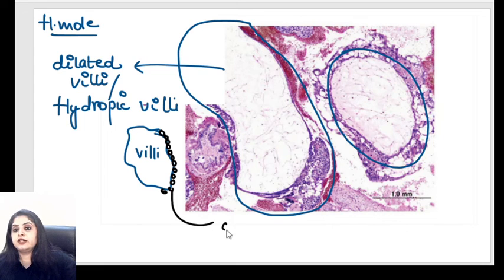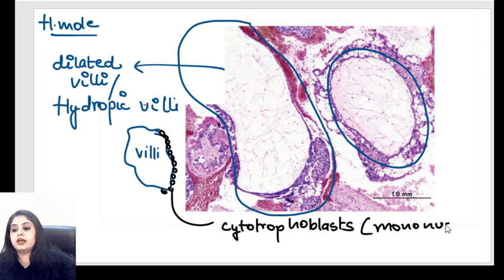These cells are known as cytotrophoblasts. Remember, cytotrophoblasts are mononuclear, with a single nucleus. Versus that, you will see another set of cells with lots of nuclei, multinucleated.